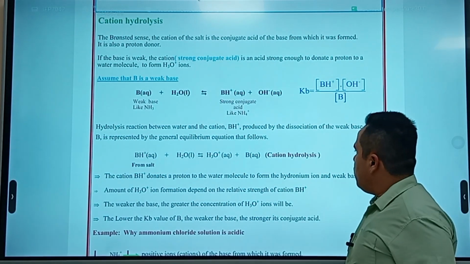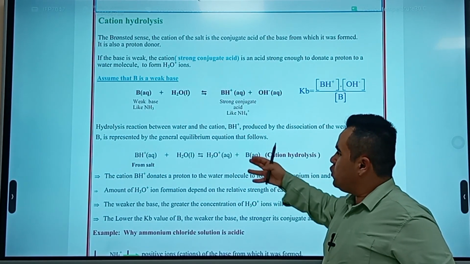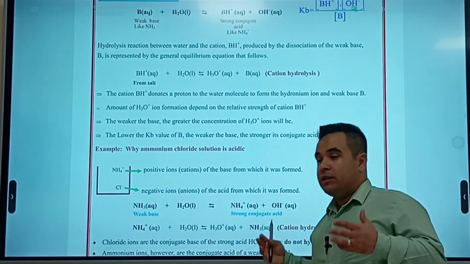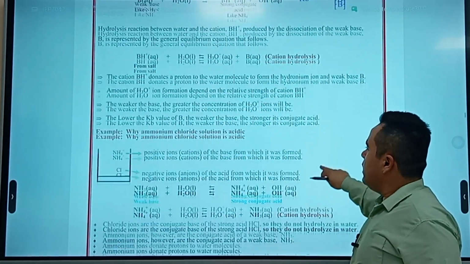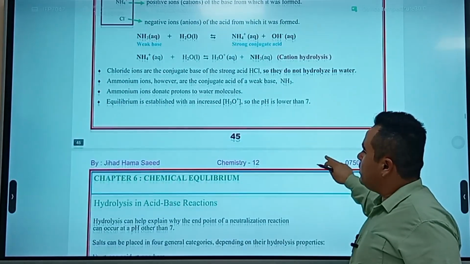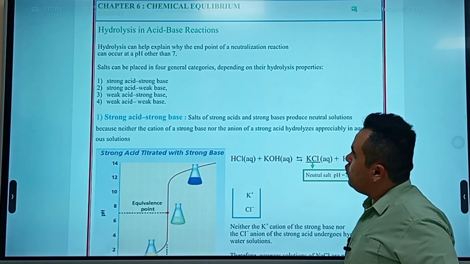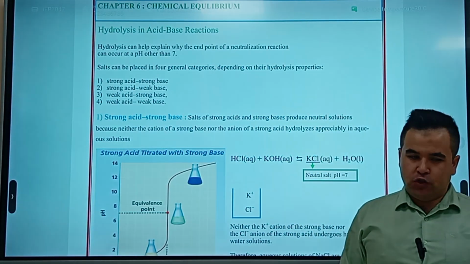We talked about the cation hydrolysis. Its equation is important, and the types of questions are important as well. Let us talk about hydrolysis in acid-base reactions, guys.